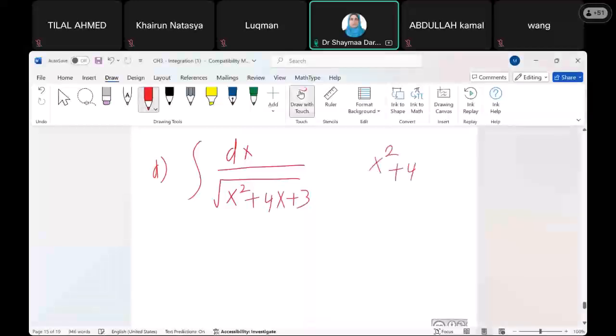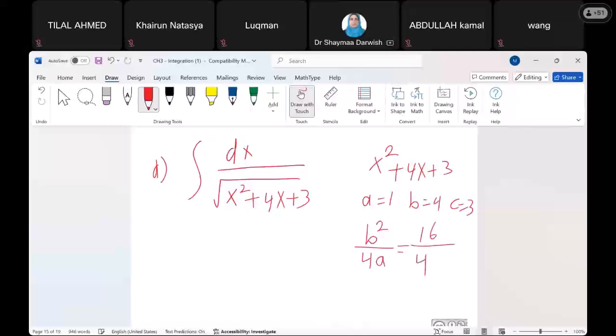x squared plus 4x plus 3. A is equal to 1, b is equal to 4, c is equal to 3. So I need to evaluate b squared over 4a. b squared is 16 over 4 times 1, which means 4.